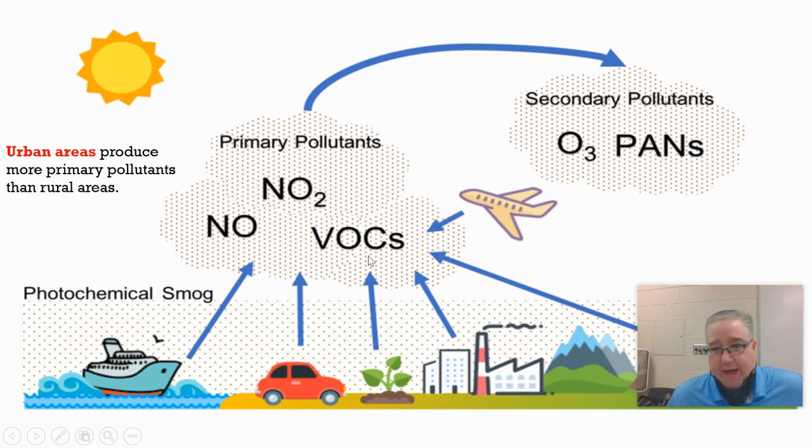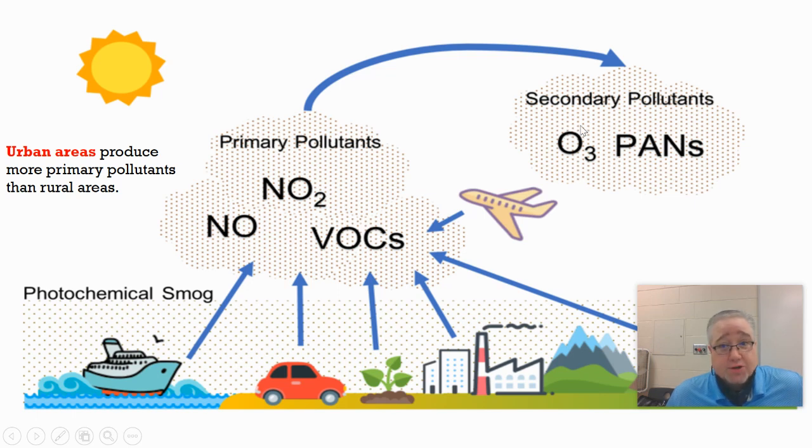VOCs are chemicals from things like paint and gasoline, and I think I called them smelly chemicals in the previous lecture video. But those things, anthropogenically, can go up into the air through a variety of reasons. So again, once they're in the air, these things tend to react with each other to produce secondary pollutants.